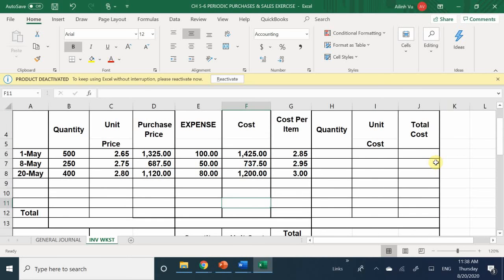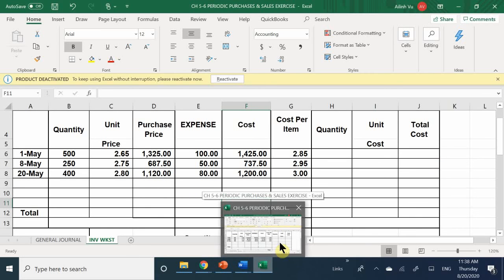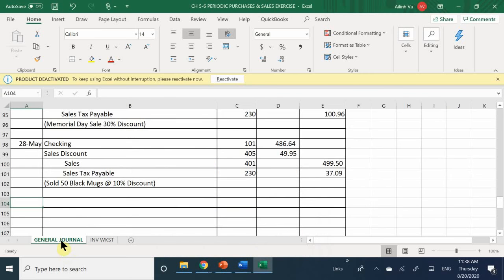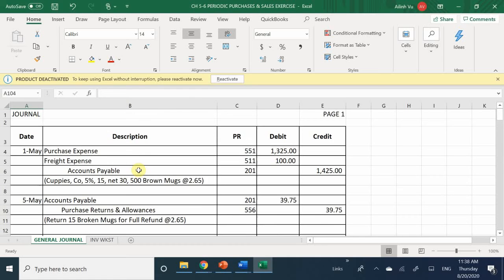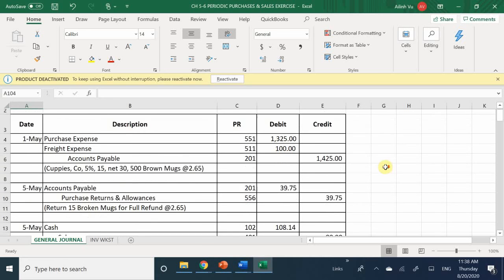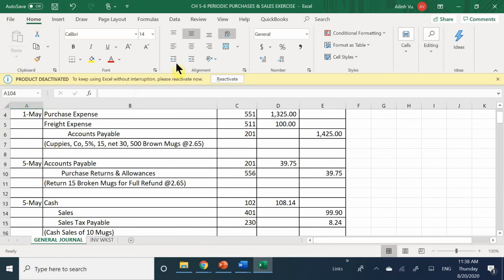So in this case, go ahead and draw a little T chart, okay? Since we're paying off all 3 bills, let's look at all of our transactions here. May 1st, our accounts payable is going to be $14.25. Then on the 5th, we decreased our accounts payable by $39.75.